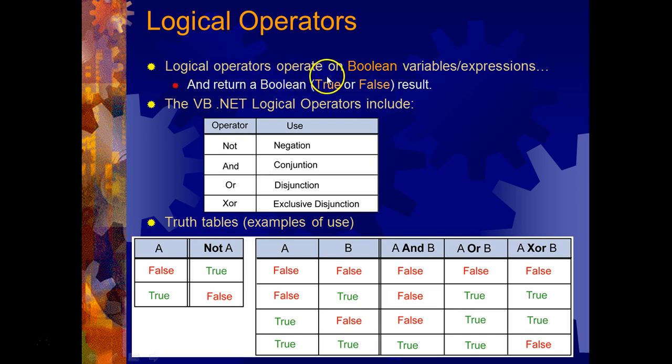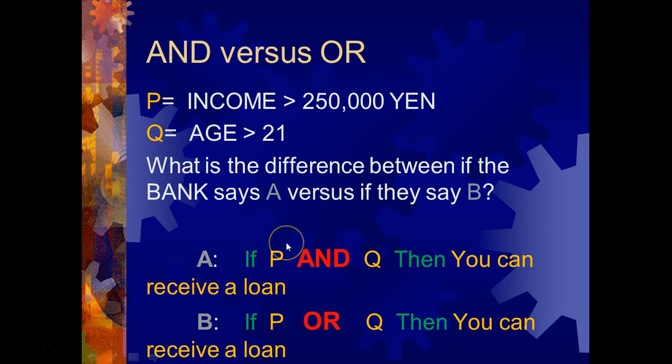Logical operators operate on Boolean variables and expressions. So for example, we saw that this is a Boolean expression because it's either true or false. Income is either greater than this or it's not greater than this. So it's either true or false. Age is either greater than 21 or it's not greater than 21.